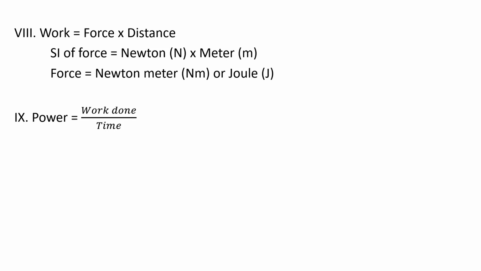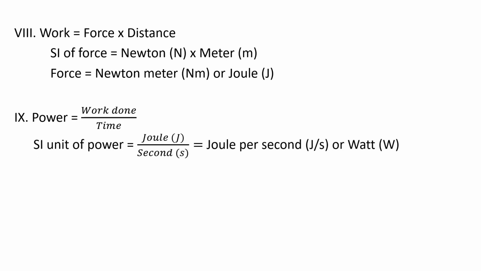So the SI unit of power is joule divided by time, which is second. So we have joule per second as the SI unit of power, and it is equivalent to watts. So 1 watt is equivalent to joule per second, J/s. The symbol for watt is W.